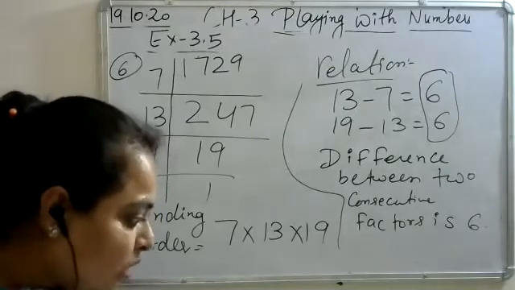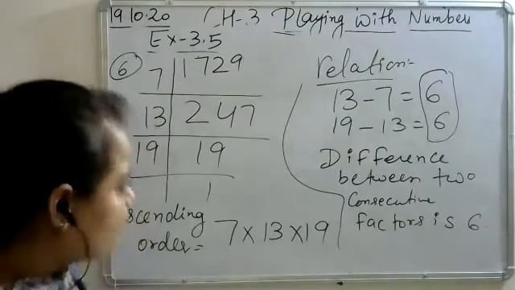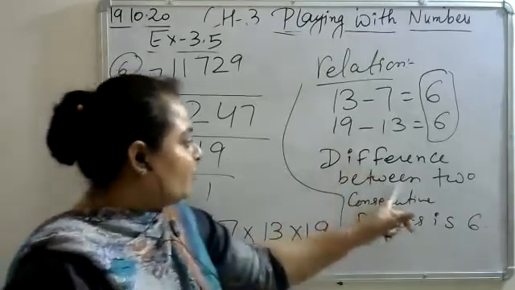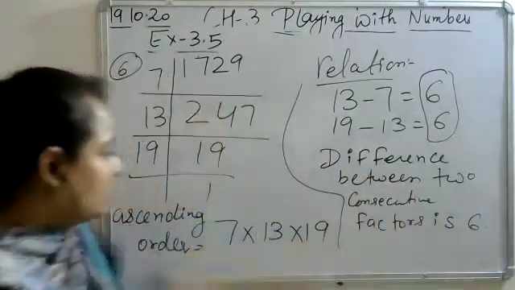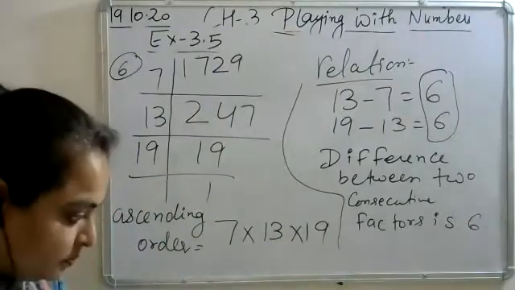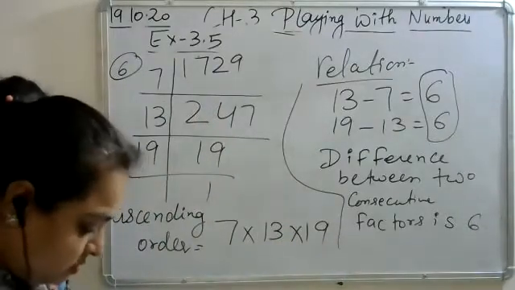Madhav, in place of adding, show the difference. Okay, the difference between two consecutive factors is 6. This is the relation. Write it down.